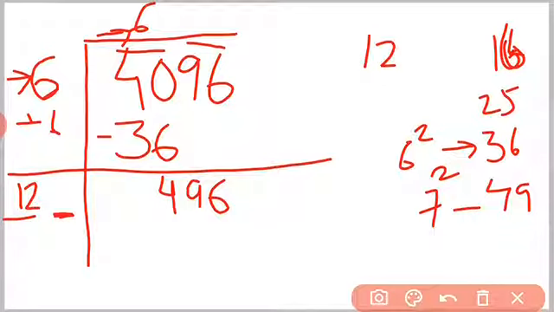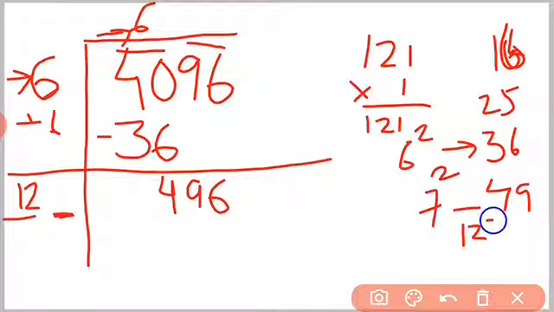When we take 121, we should multiply it with 1. So what do we get? We get 121. So 121 is less than 496, but it is not close to 496. So next, take the next number as 122. So 122 multiply 2. What do we get? 244. Again 244 is less than 496, but it is not close to 496.